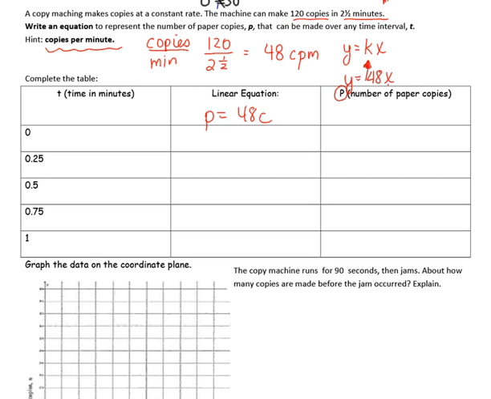Next, complete the table. So we're going to find out for 0 minutes how many copies are made, for 0.25 minutes how many copies are made, etc. So we're going to be substituting our time in minutes. And I noticed that I have made a mistake with using C for copies and P for paper.